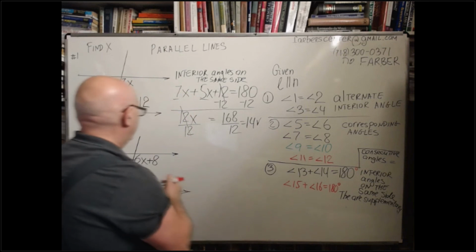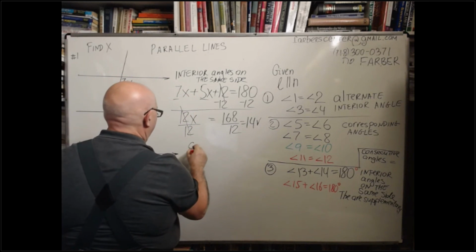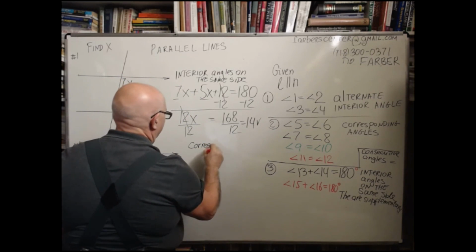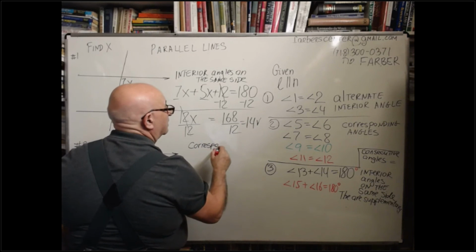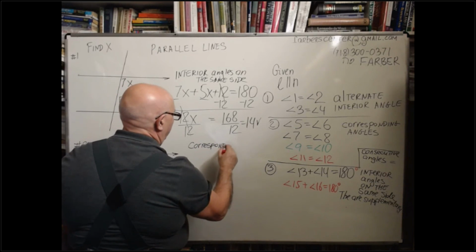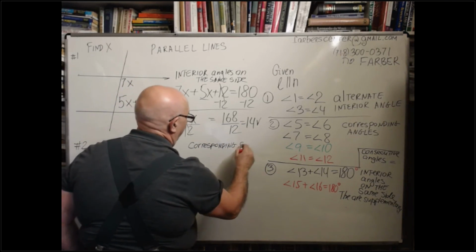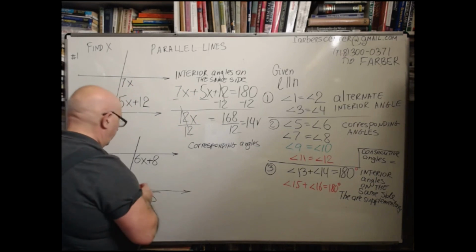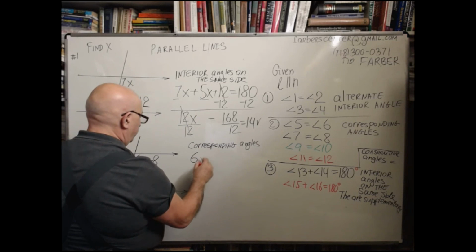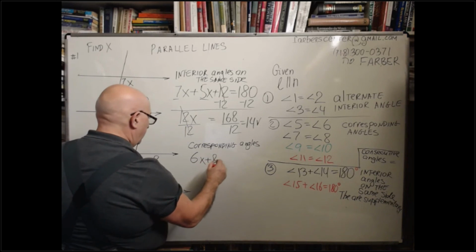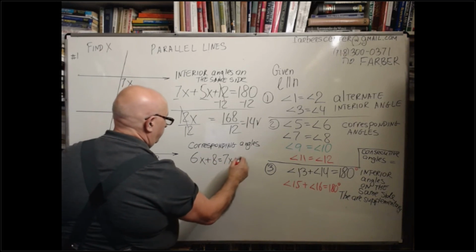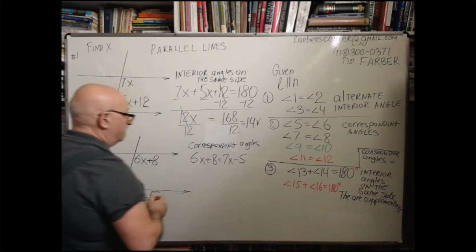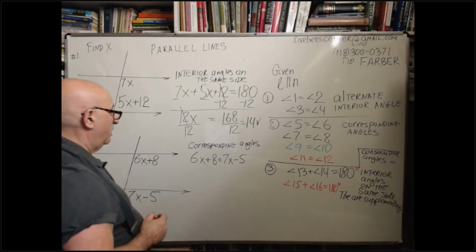For corresponding angles, they are equal to each other. Excellent. You write down here: corresponding angles. At home, write it down every time. Don't just write the equation. According to the property of corresponding angles, 6x plus 8 equals 7x minus 5. Why?